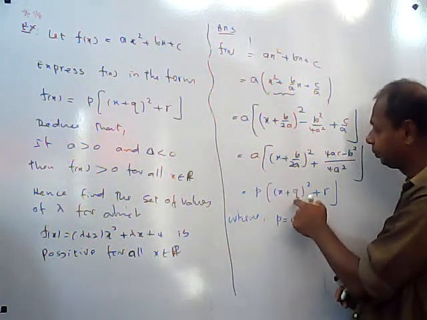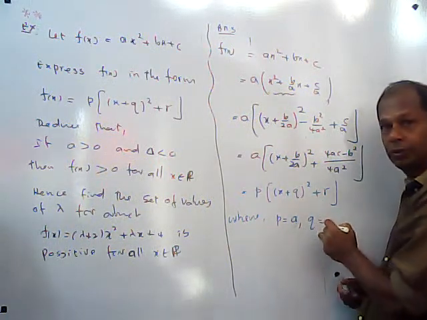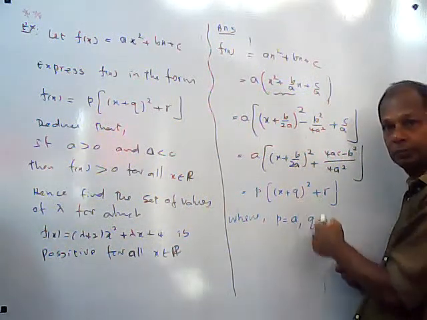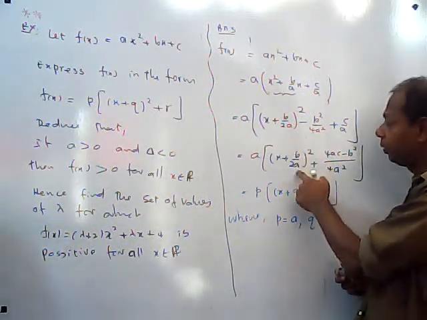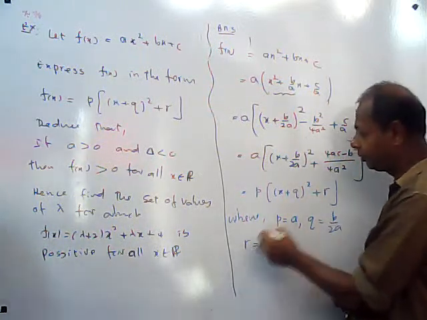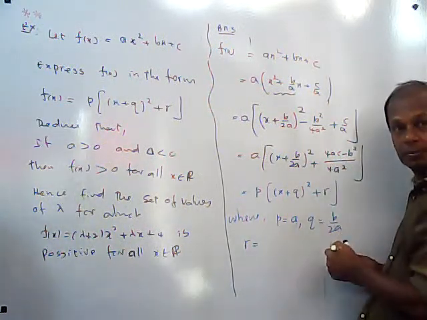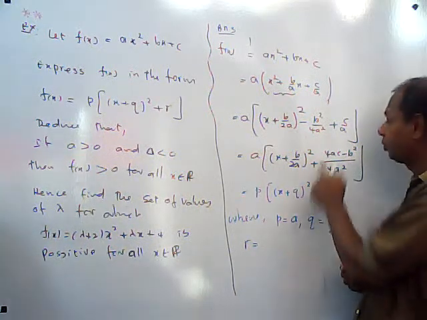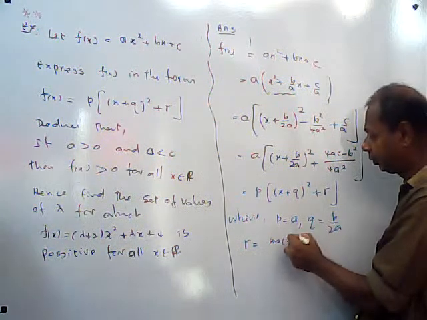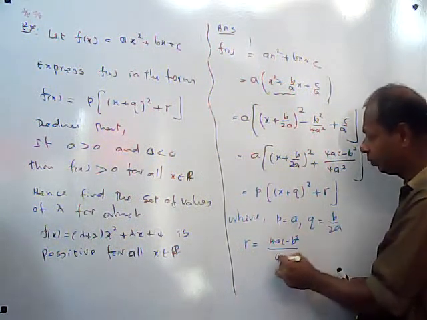What is q? q is b over 2a, and finally r is (4ac minus b squared) over 4a squared.